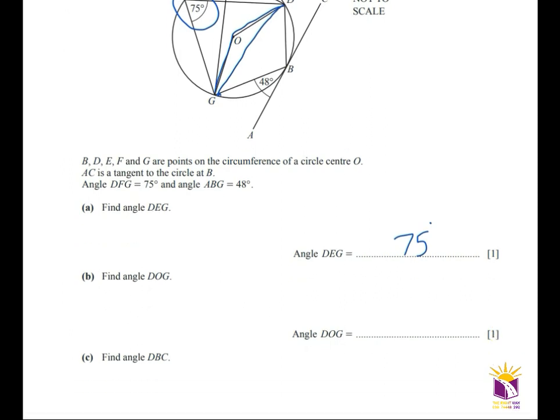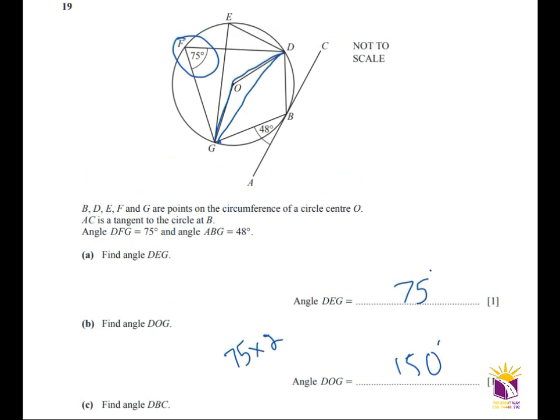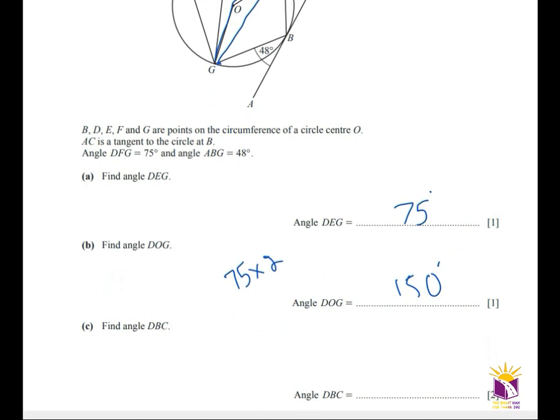So DOG will be equal to 75 times 2, which is 150, because if the outer angle is x, the inner angle is 2x from the same chord. One is with the edge at the circle, and the other with the center of the circle. So it will be 2 times 75, which is 150.